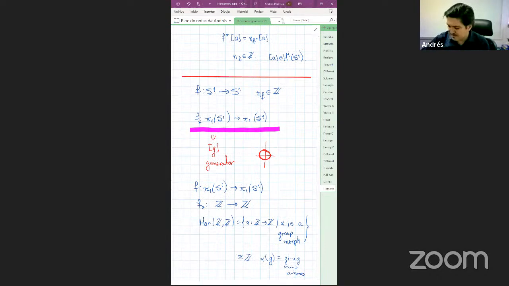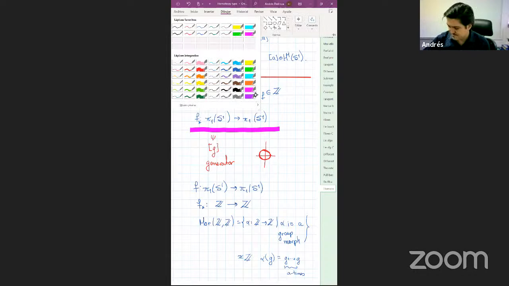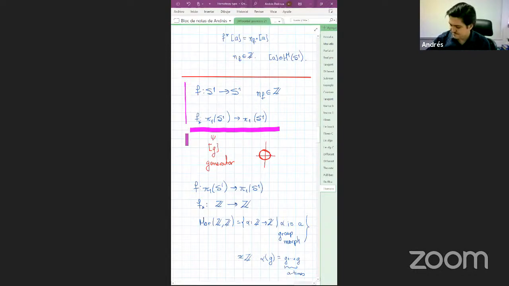So let's come back to this. I have a function from the circle to the circle, which, from what we have seen before, is basically going around the circle, sometimes in one direction or the other.